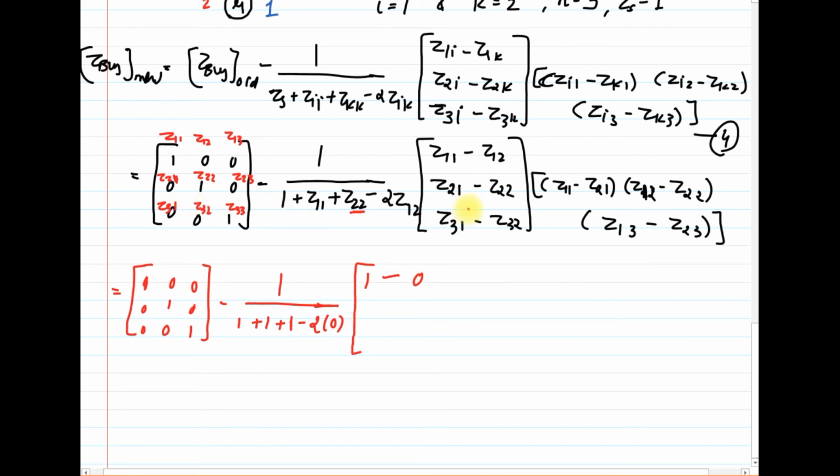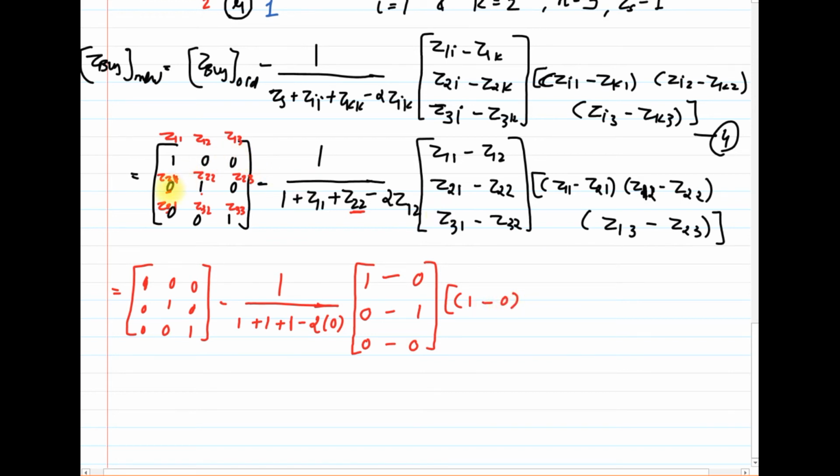Here the same way next Z21 which is 0 minus Z22 which is 1, Z31 which is 0 minus Z32 again which is 0. Same way we have to write for this element for the row vector, which is Z11 minus Z21 which is 0.